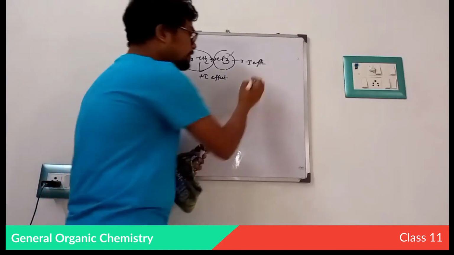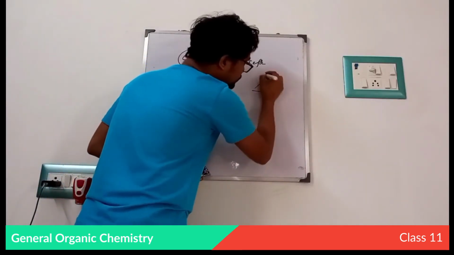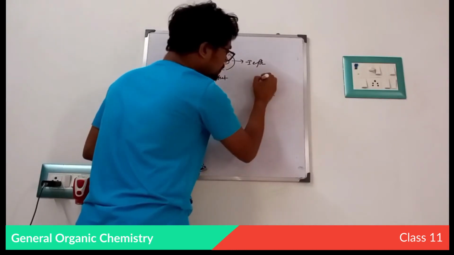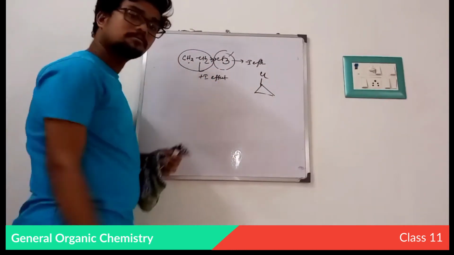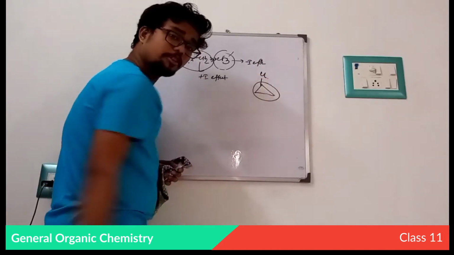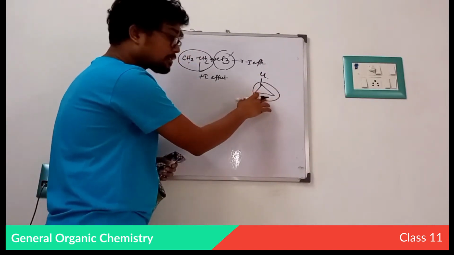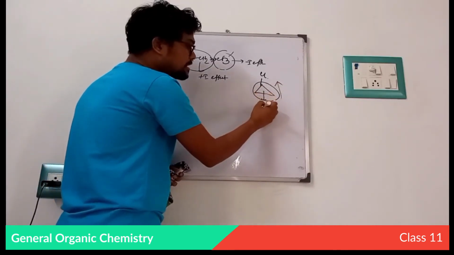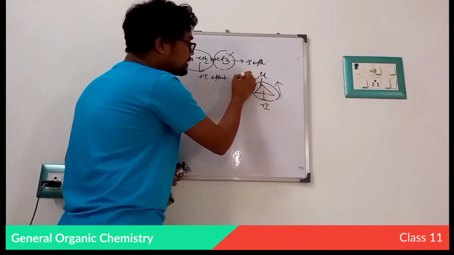Fine. Now if I draw this one, suppose chlorine. So chlorine is an electronegative atom and this is the cyclopropane ring. So the cyclopropane ring has the tendency to donate its electron density. So it has the plus I effect and the chlorine has the minus I effect.